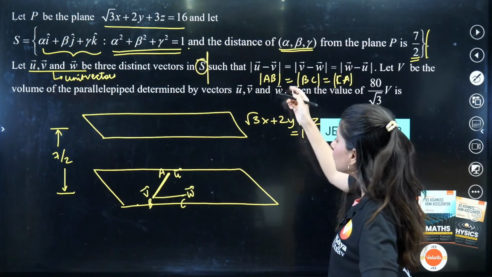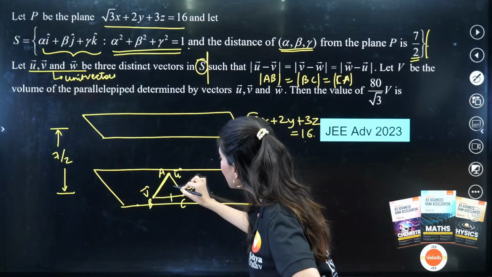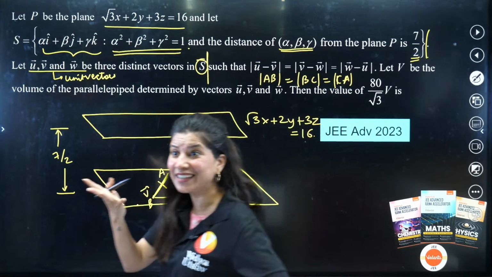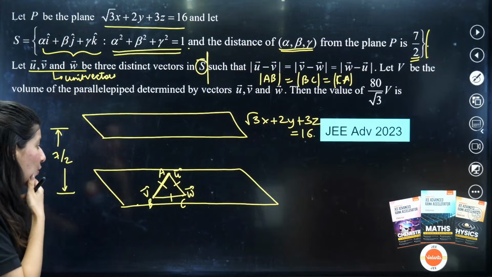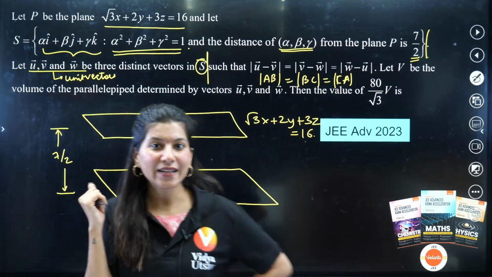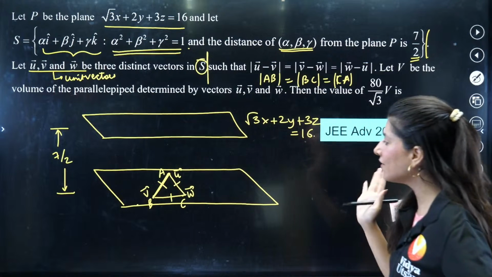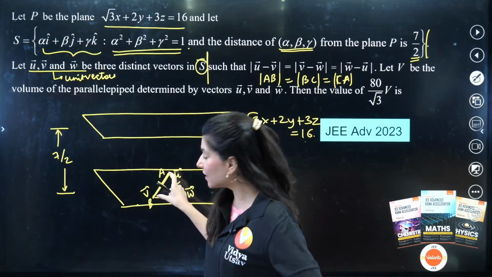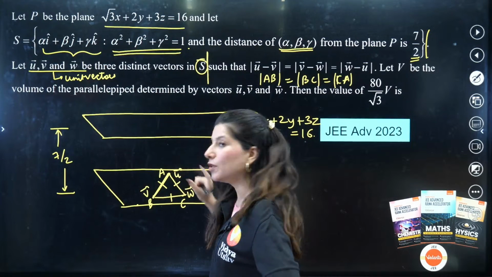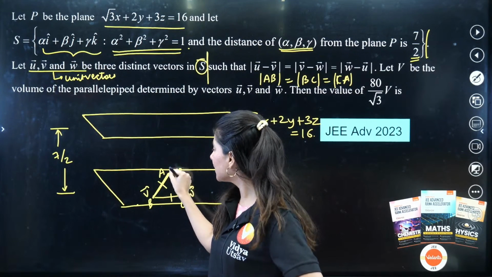So the magnitudes of AB, BC and CA are equal. What does that mean? That this is an equilateral triangle. So ABC forms an equilateral triangle where the sides are U minus V, V minus W, W minus U, and the vertices have position vectors U, V, W.